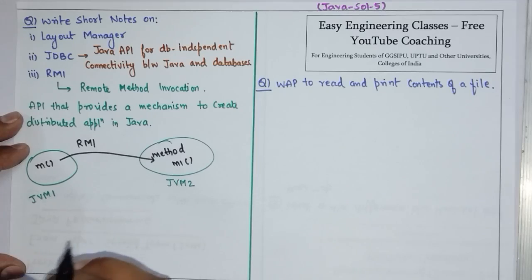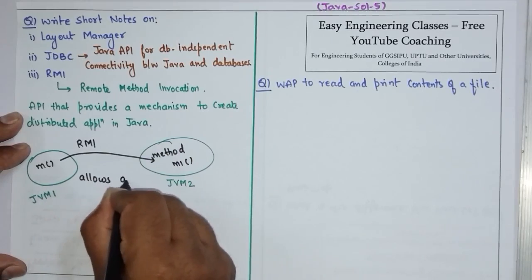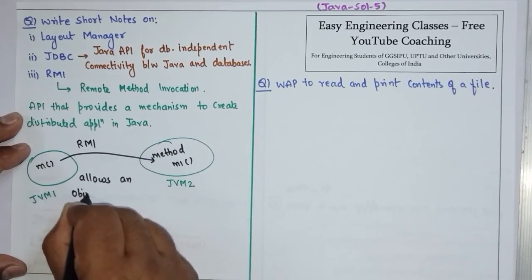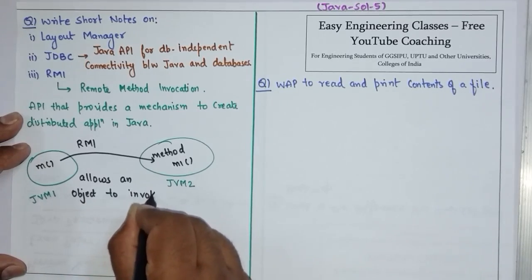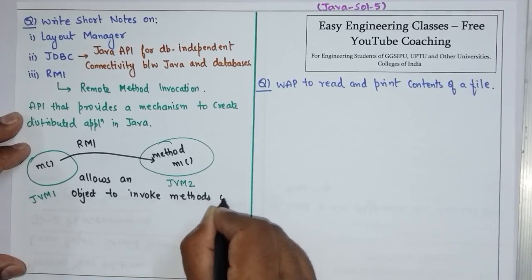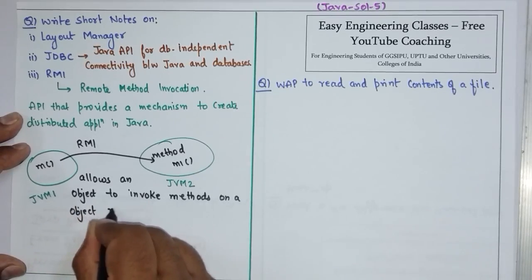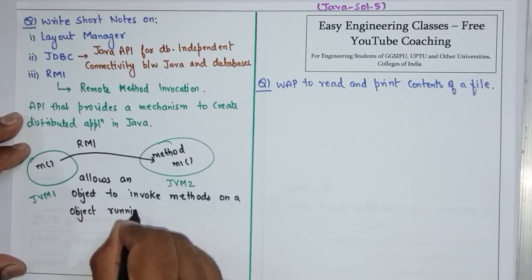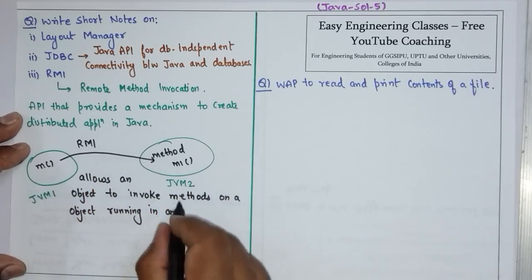So RMI allows an object to invoke methods on an object running in another JVM, which is what I have explained.